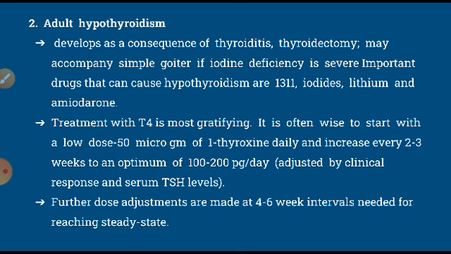So these drugs can cause hypothyroidism as well. Treatment with T4 is most gratifying. It is often wise to start with a low dose, 50 microgram of L-thyroxine daily, and increase every 2 to 3 weeks to an optimum of 100 to 200 microgram per day. Further dose adjustments are made at 4 to 6 week intervals as needed for reaching steady state.